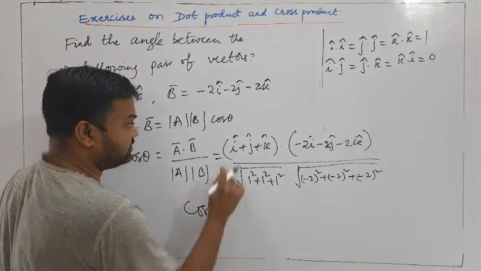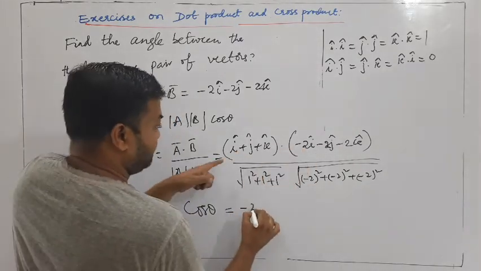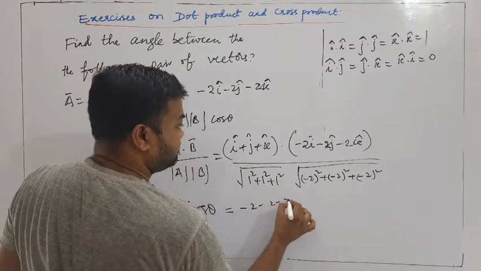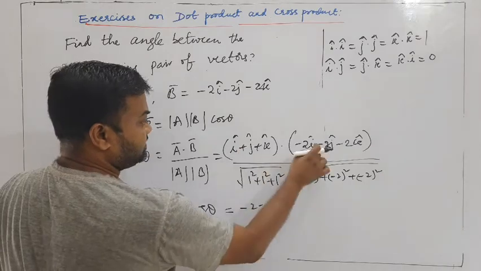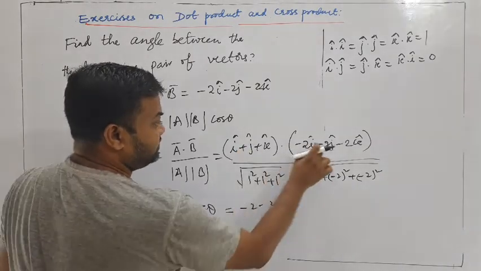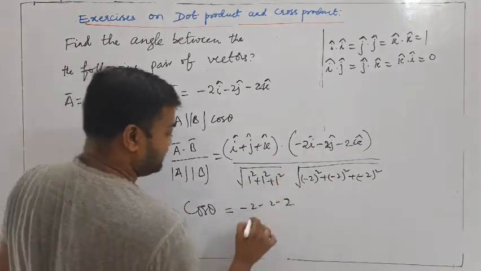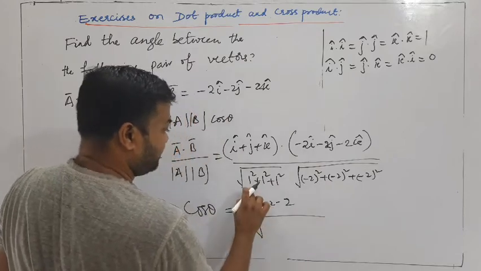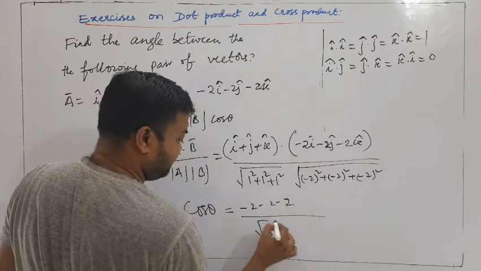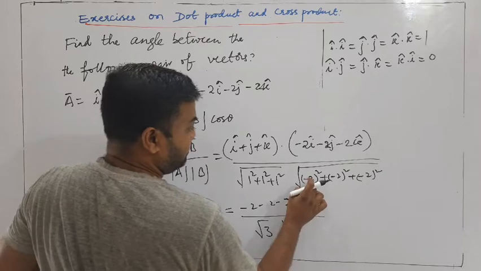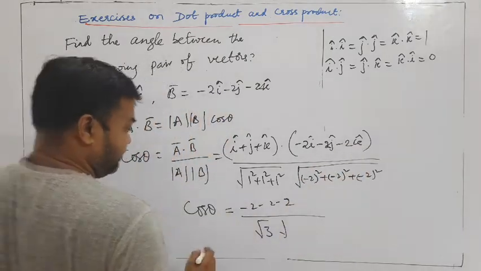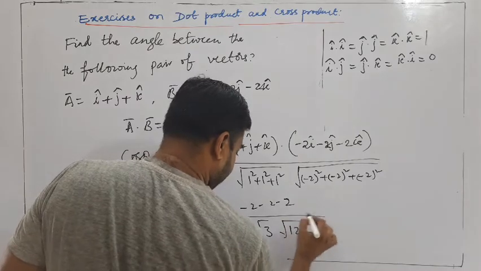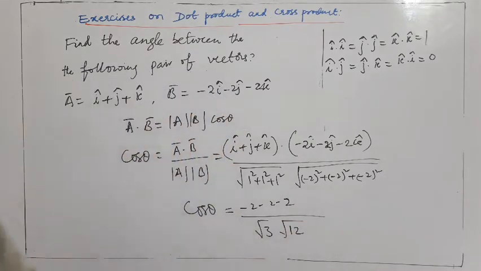Cos theta is equal to, just do the dot product, minus 2 minus 2 minus 2, divided by root of 1 plus 1 plus 1, which is root 3, into root of 4 plus 4 plus 4, which is root 12. Like this you have to find out.